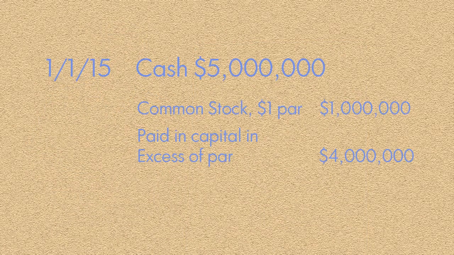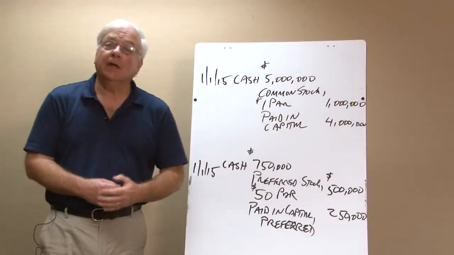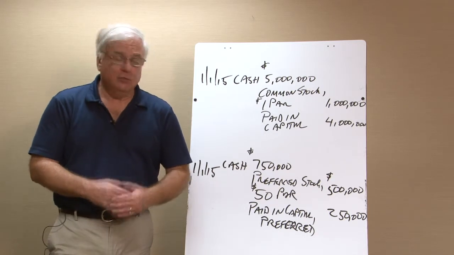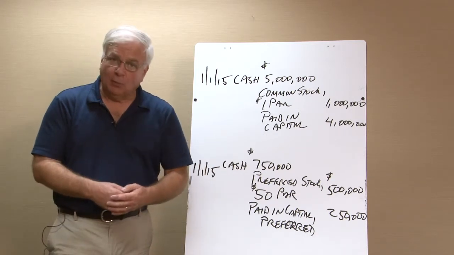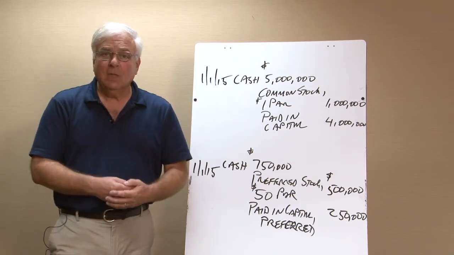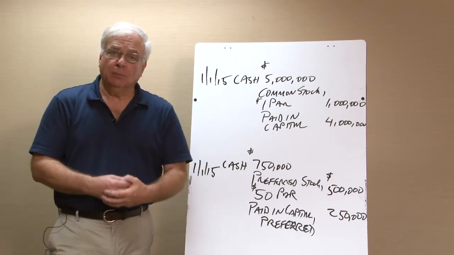So $1 times a million shares, $1 million will be credited into common stock $1 par, and the other $4 million will go to an account called paid-in capital. Paid-in capital is an equity account, just like common stock, and works the same way. Credits are an increase, debits are a drop. So it's just there to catch the extra money.